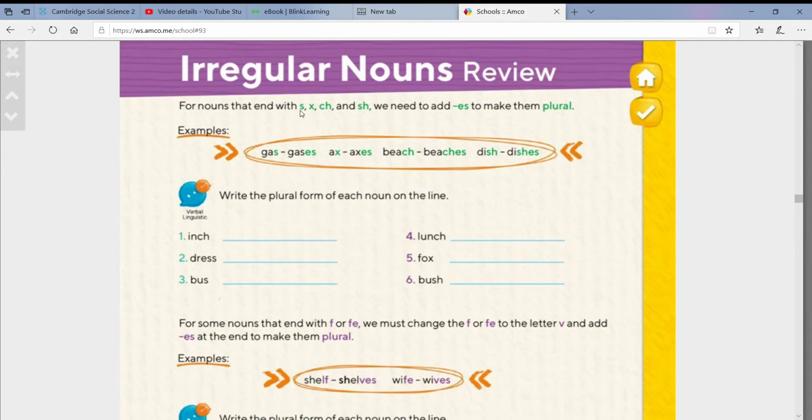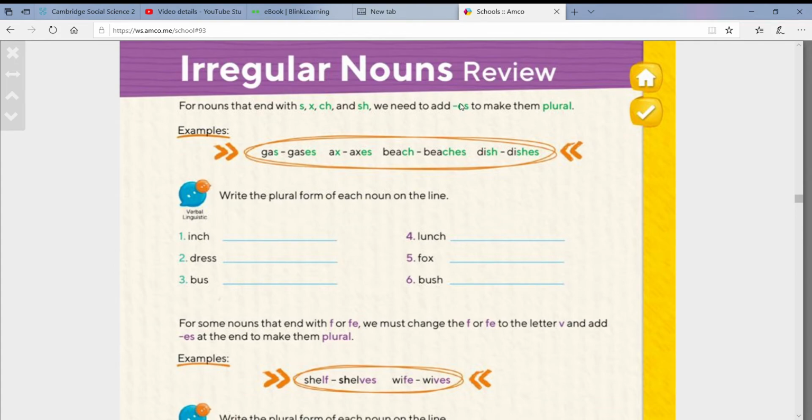For nouns that end with an S, like in gas, or nouns that end with an X, like in axe, or nouns that end in a ch sound, a C and a H, like beach, and nouns that end in a sh sound, an S and a H, like in dish, we need to add ES to make them plural.